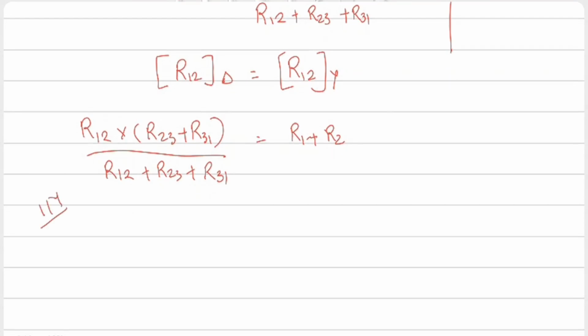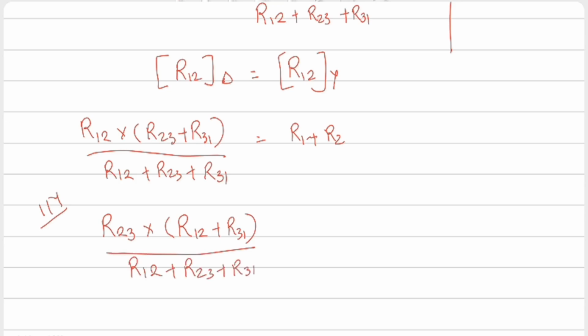Similarly, we can write R23 into (R12 plus R31), the whole divided by R12 plus R23 plus R31, equals R2 plus R3.